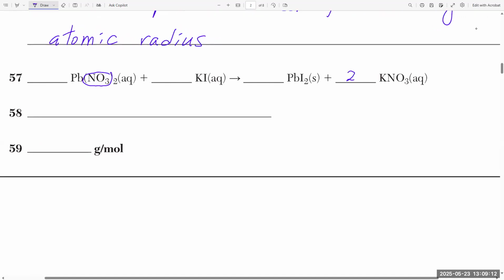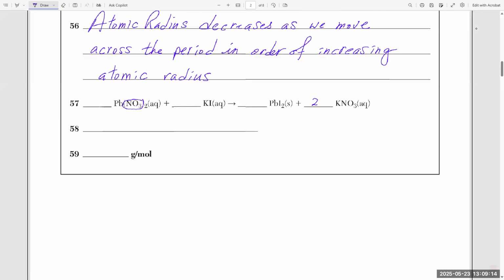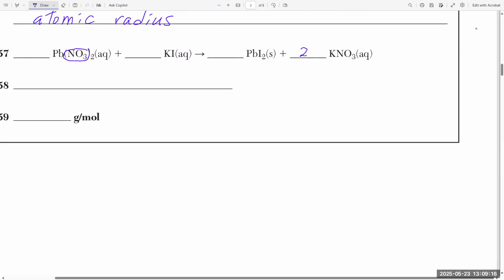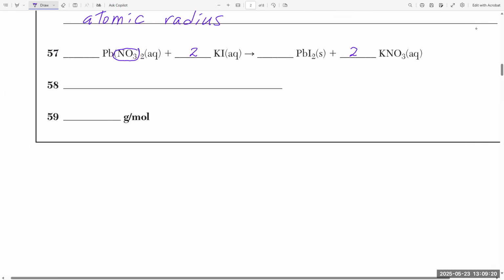I have two potassiums, so I'm going to increase it to two potassiums like that. Now I have two iodide, and I have two iodide. So it looks like, guys, we're done. Oh, it's that easy.